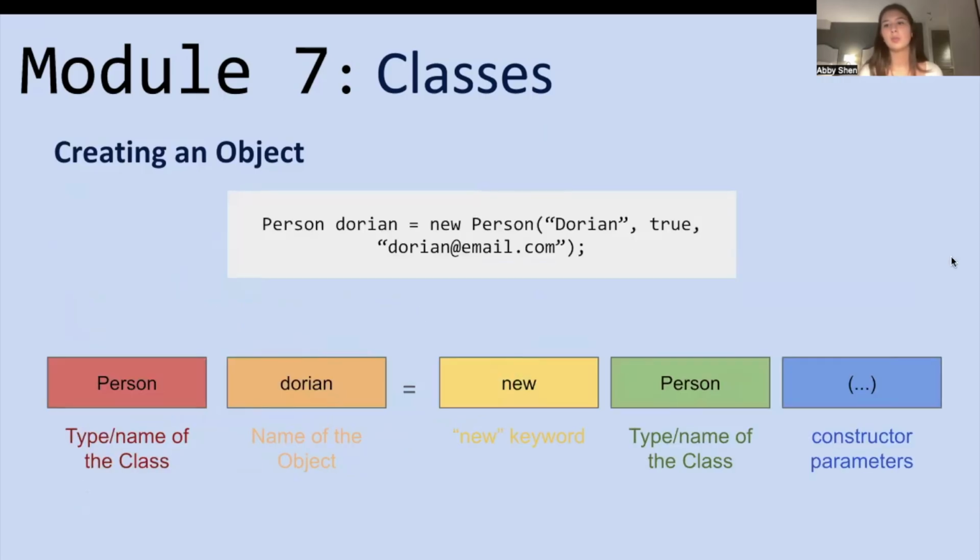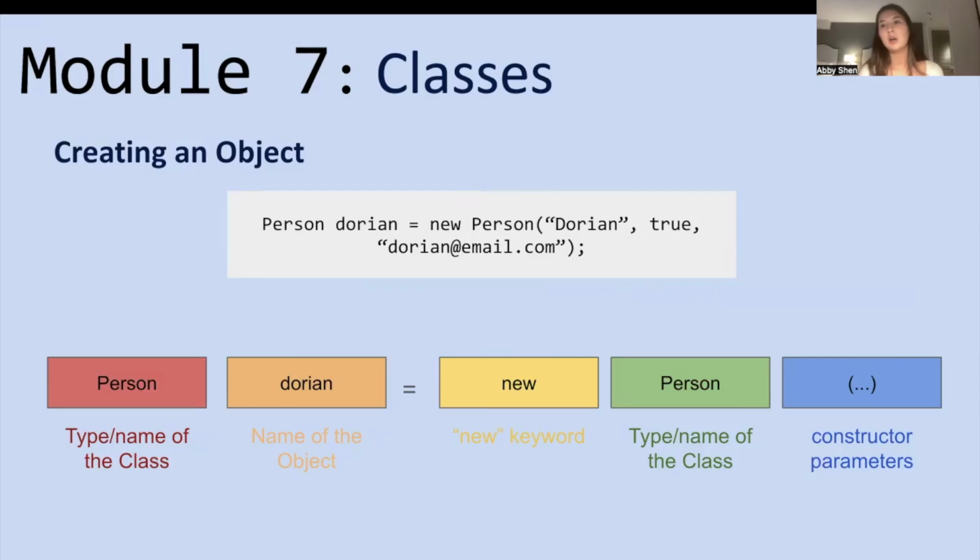So just to further break that down into the components of creating an object. Person is the type or the name of the class. Dorian is a person, so that's why we have person coming first. And then Dorian is the name of the object, so that's how we'll refer to that object going forward in our code.